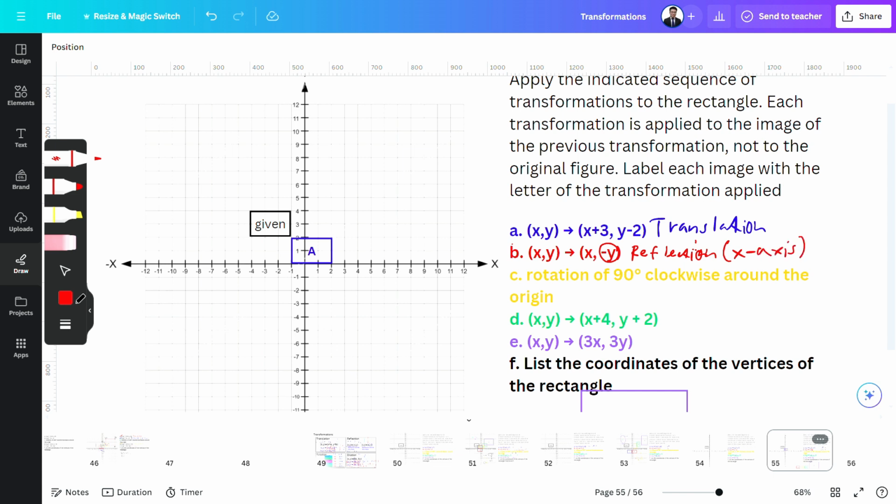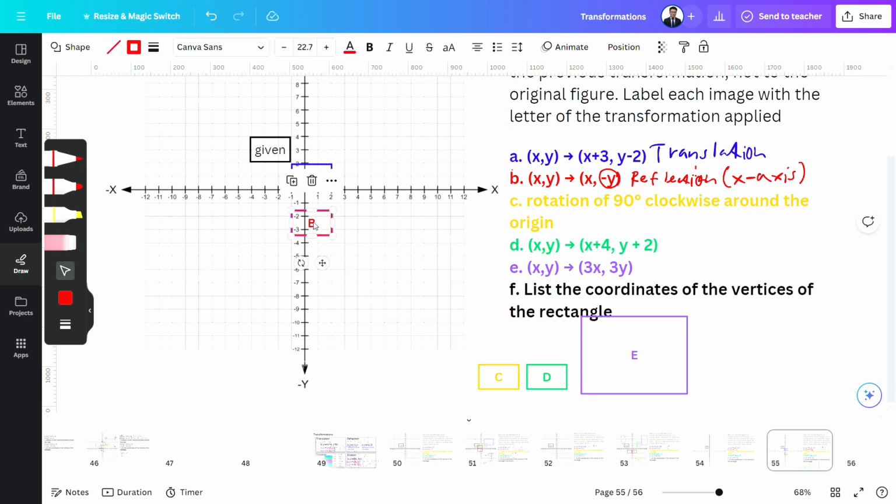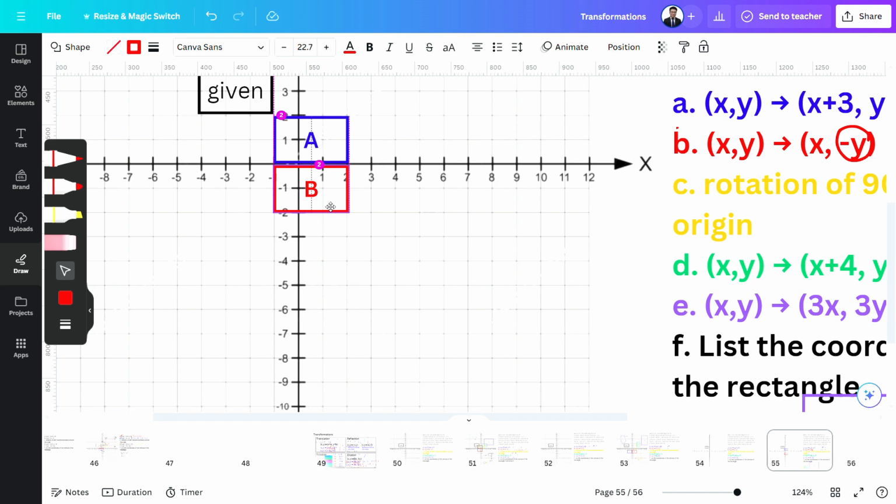If it's the opposite one, if let's say x becomes negative, our line of reflection is the y-axis. But in this case, the negative one is the y. That's why the line of reflection is the x-axis. So let's try to reflect the figure A across the x-axis. So our figure B would be here if we reflect it across the x-axis. That's it for letter B.